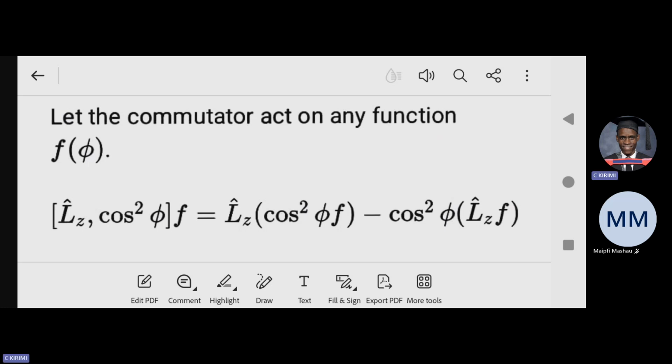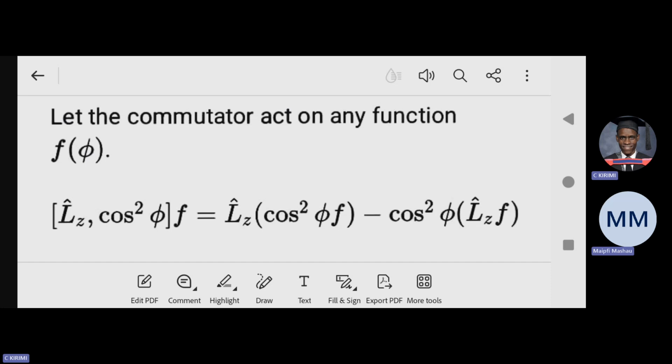So now, if that f is sitting there on the right, what does it mean? You can use the commutation relation, since f is sitting on the right. So basically here, L_z is the A, and then the cos squared is the B, and then the f is the C. So A, B, and C, we want to find the commutation relation of those.